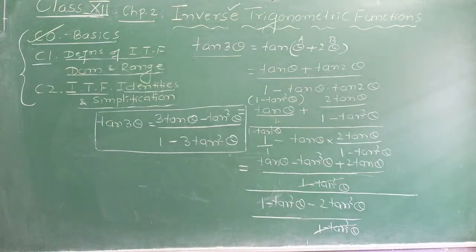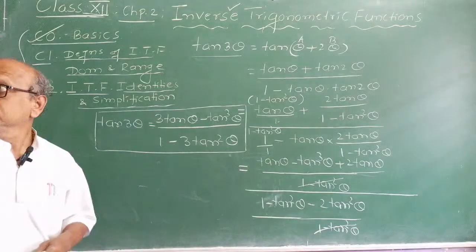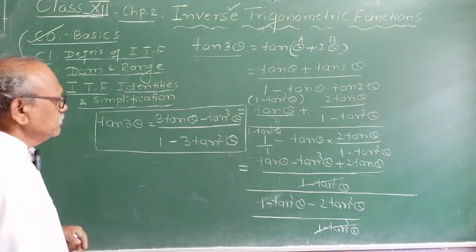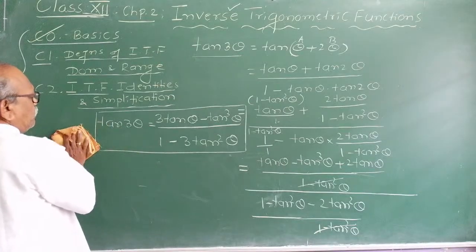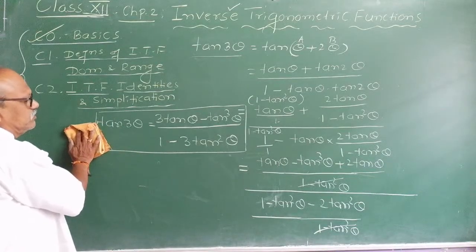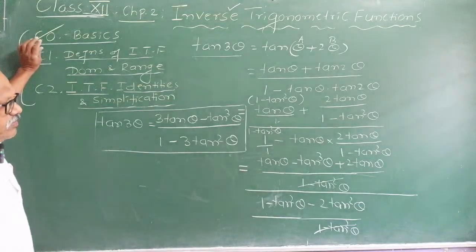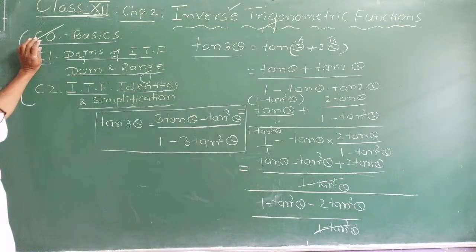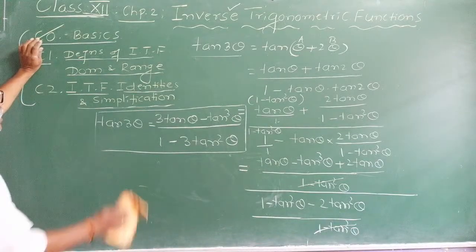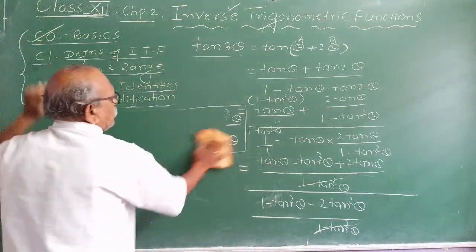Note the derivations you should do on your own. Now, I will give you one question now. All of you noted it. Now, we will continue with the next one.